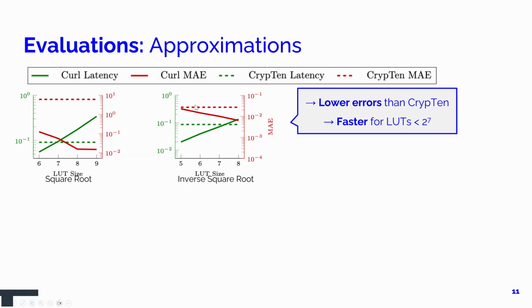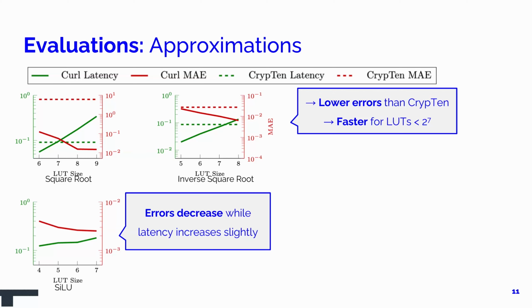For ours, the errors go down with the bigger lookup table sizes that we use. At the same time, the bigger lookup table sizes require more operations, so our runtime increases. But overall, for lookup tables smaller than 2 to the 7 entries, we achieve lower errors than Crypten and higher performance.